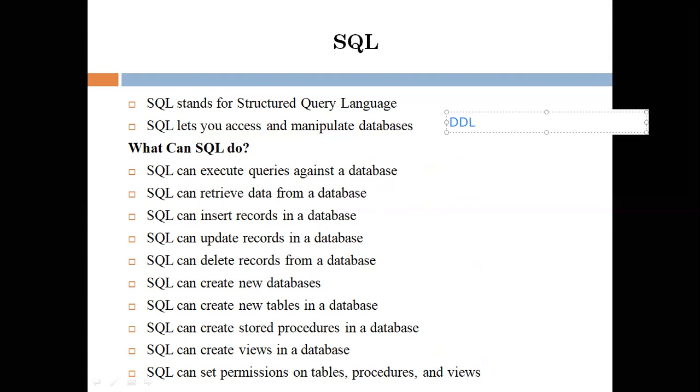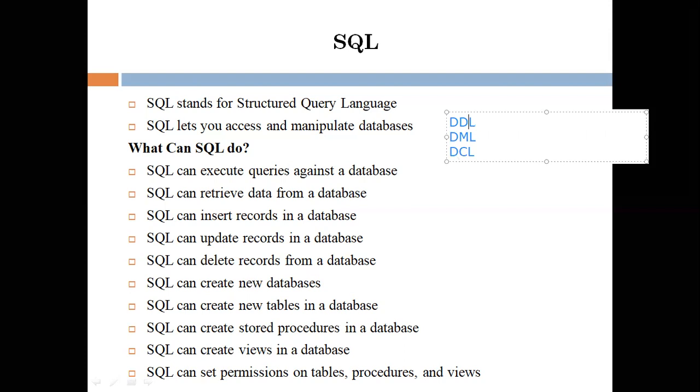One is called DDL, data definition language, the second is called DML, data manipulation language, and the third is called DCL, data control language.